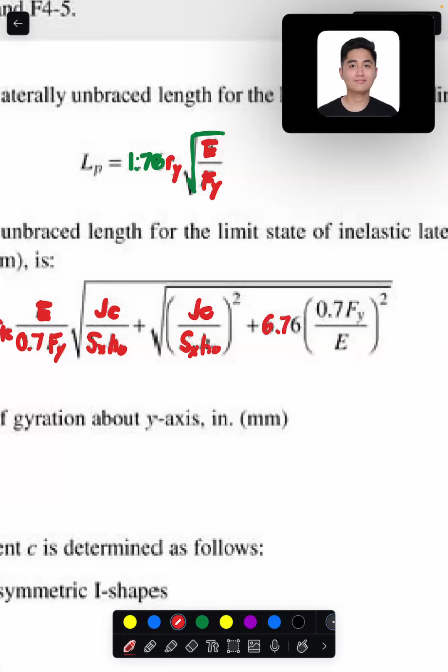Tapos meron kang some constant right here, pero may pinanggalingan din to. Ito yung square root of 29,000 over some value. Tapos meron kang 0.7, F sub Y. Tapos meron kang E, then i-square mo ito.